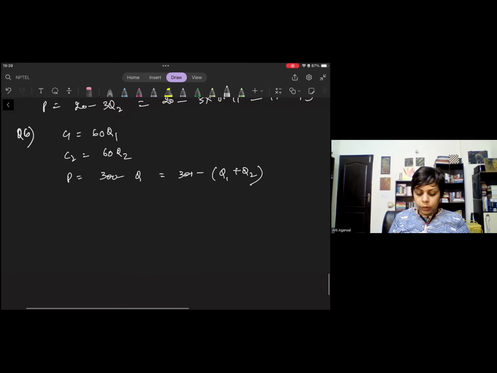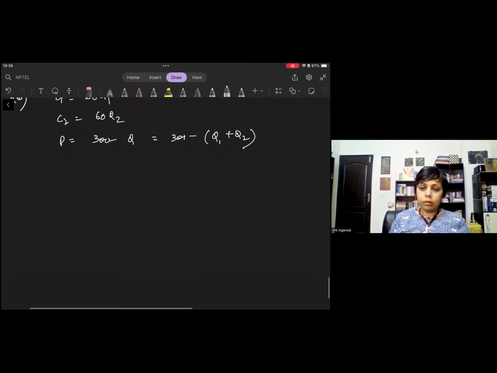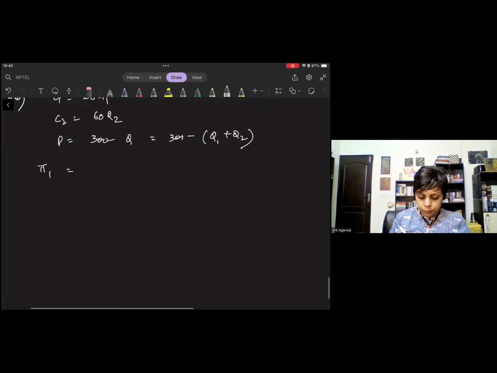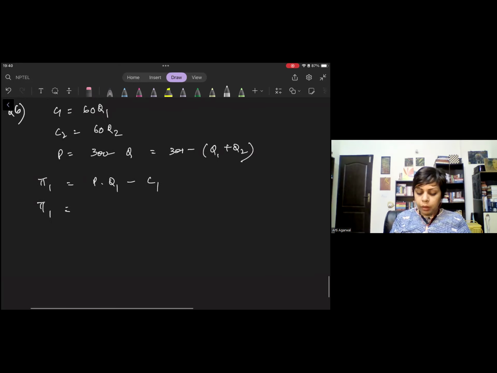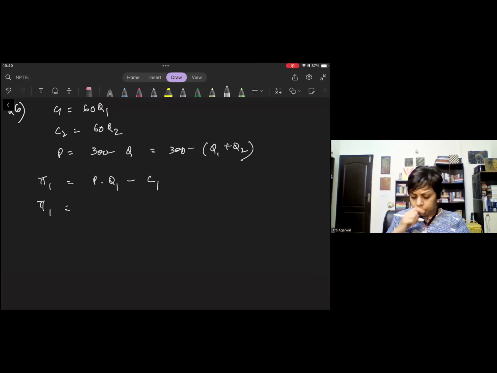So what we'll do, let's write the expression for the profit of each firm. P into Q1 minus C1, right? You don't have to write P. You're not given P as a parameter. You have to find P in equilibrium.